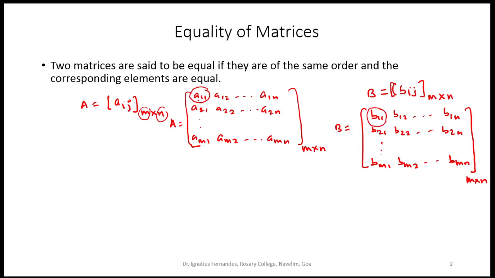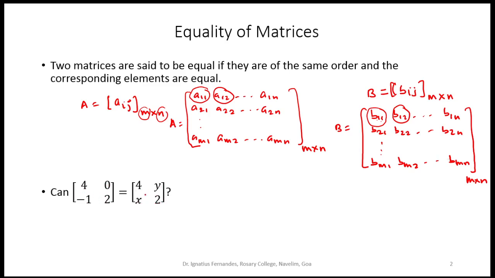That means A11 and B11, these two positions should have the same number. A12, this position and this position should have. So the position wise, the value should also be equal. Okay, so if I have to say, can the matrix 4 0 minus 1 2 be equal to 4 y x 2?